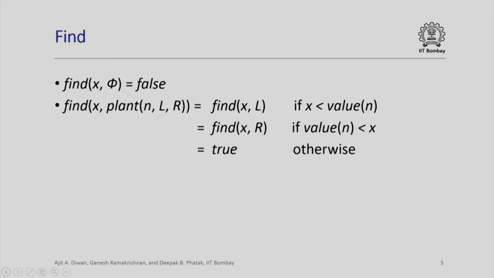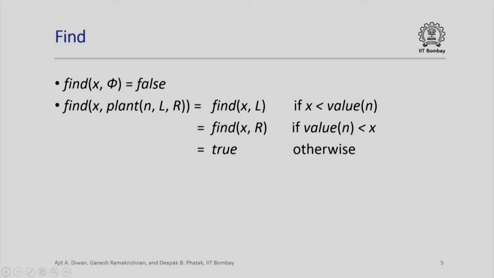If x is less than the value of node n, then we know that if x is present in the set, it must be in some node in the left subtree of n, because all the values in the left subtree are less than the value in n, and all the values in the right subtree are greater than the value in n. So, if at all x is present in the tree, it must be in the left subtree. So, we find x comma L, try to find x in the left subtree if x is less than value of n.